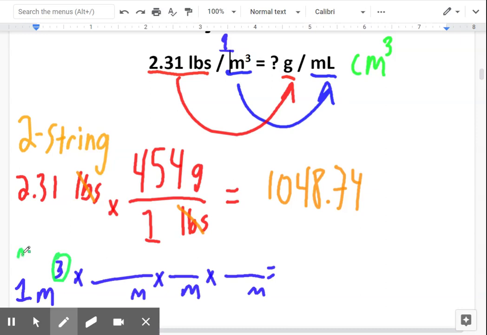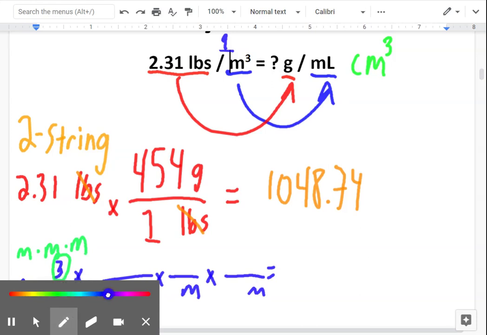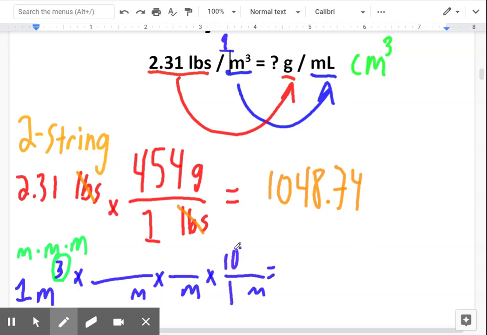That little 3 exponent means it is meter times meter times meter. So I need to take all of those meters and I need to change them over. So I'm going to take it as 1 meter is equal to 100 centimeters. And I'm going to do this all 3 times. 100 centimeters to a meter, 1 meter, 100 centimeters.